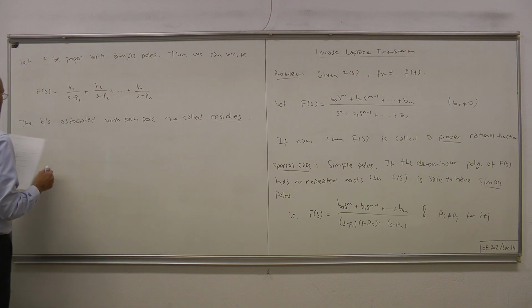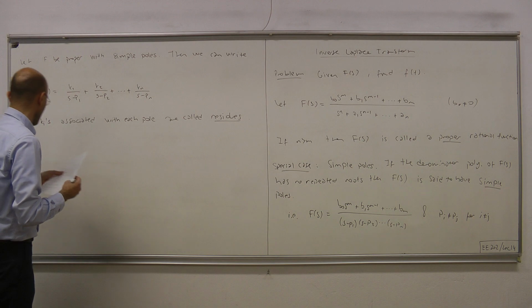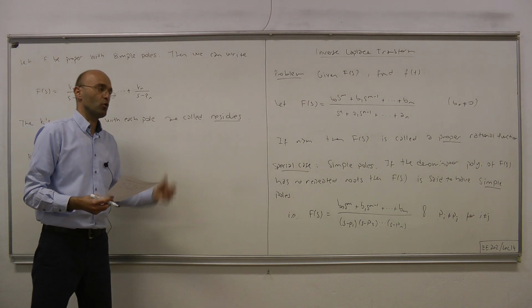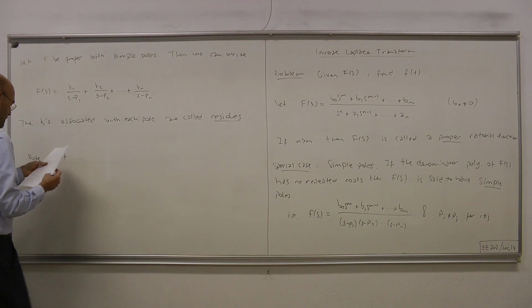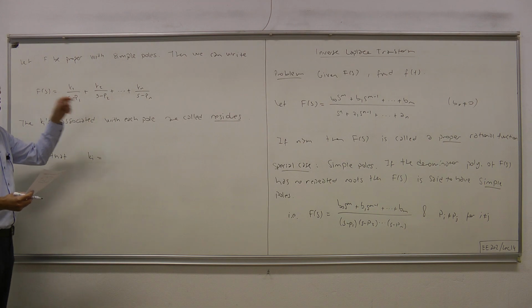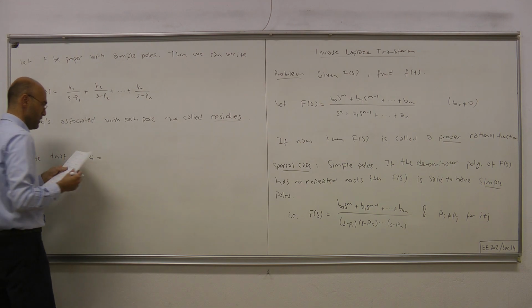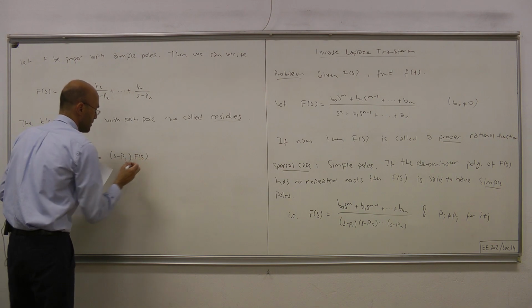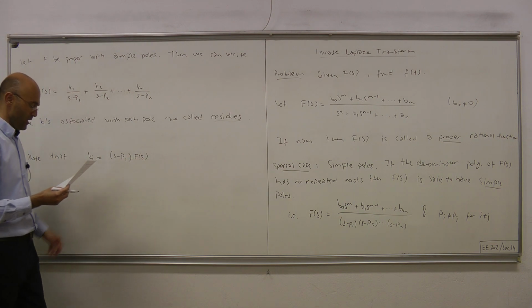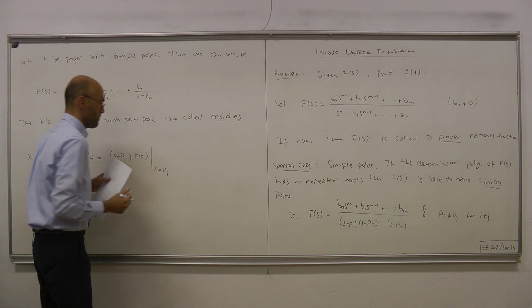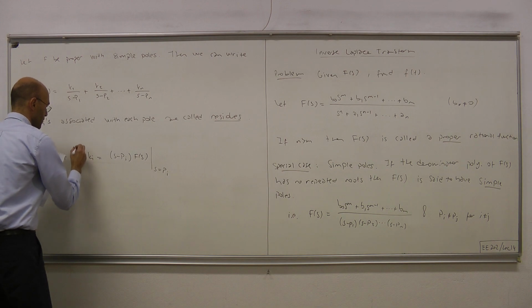Now, it's not difficult to see, and I will try to convince you why that is the case. Perhaps you already see it in the following: ki, the ith residue corresponding to pi, equals (s - pi) times F(s), evaluated at s equals pi.